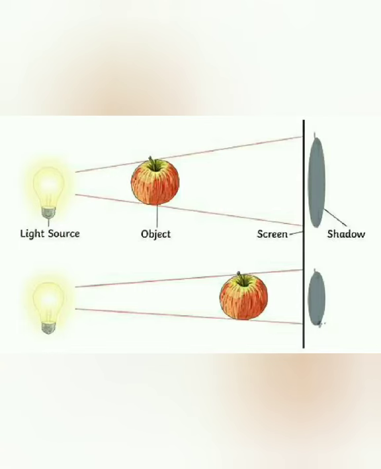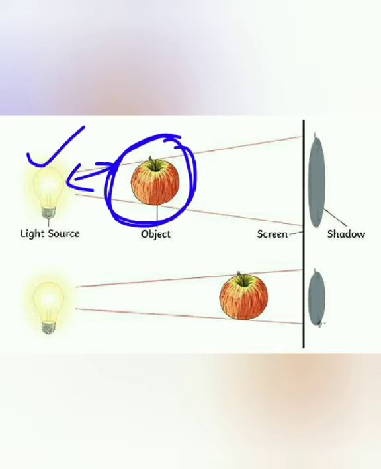Next, when the source of light is closer to the object, suppose this is the light source and this is the object, so they are quite close, both light source and the object, then it forms a big shadow. Here you can see on the screen it forms a big shadow.